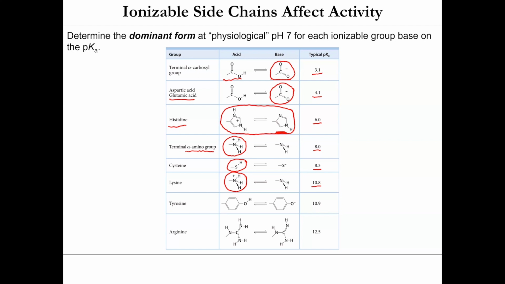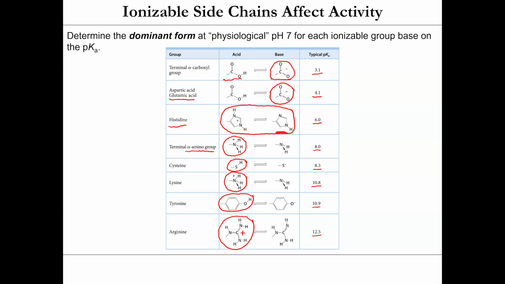Tyrosine can lose the proton on its hydroxyl group, and its pKa is 10.9, so the protonated form is going to be the dominant form. And then lastly, arginine's terminal guanidino group has a pKa of 12.5. So this positively charged group is going to be the dominant form.